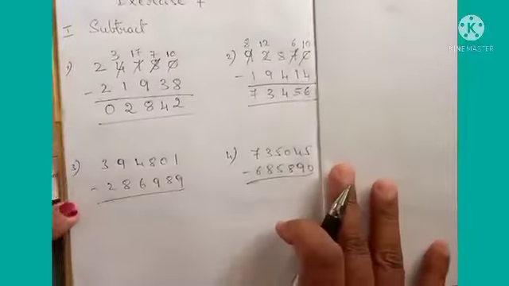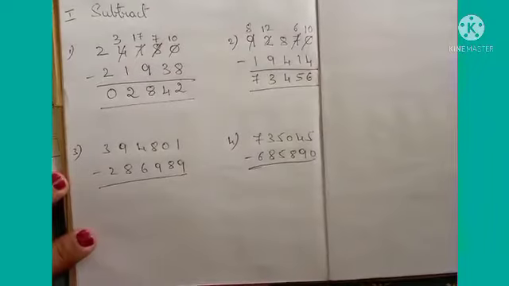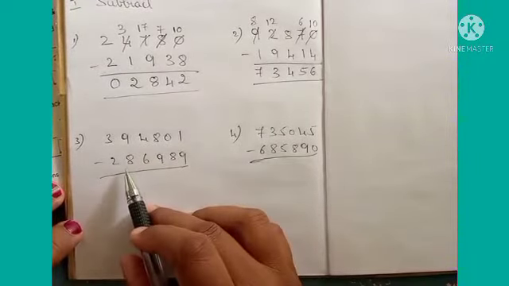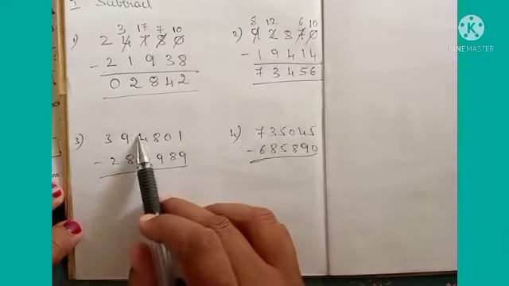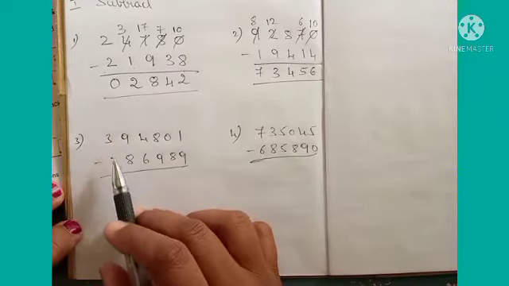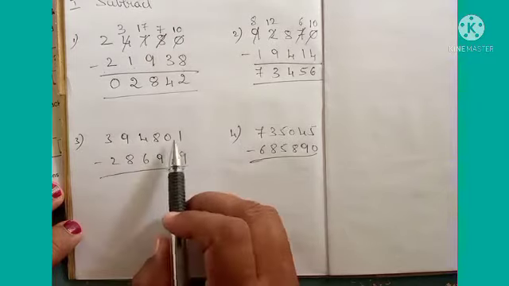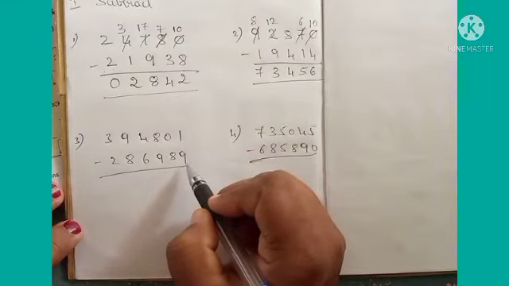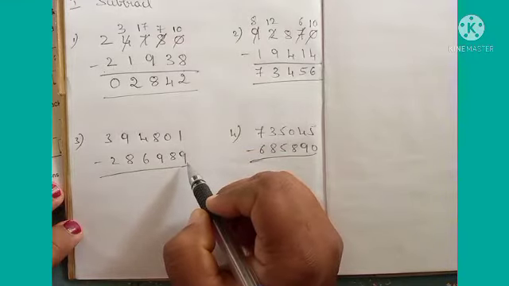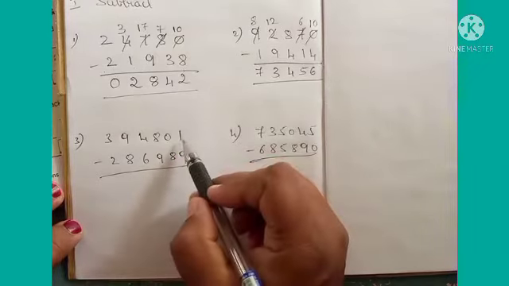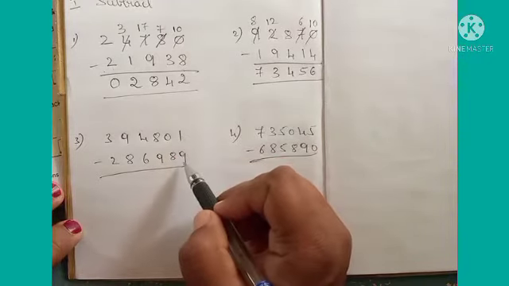Now next, the third one. Let us write the third one, dear children. See dear children, now the third one. See ones, tens, hundreds, thousands, ten thousands, lakhs. Okay. Start from the ones place. In 1, if you subtract 9, no, you cannot subtract. Why? Because this is a small number and this is a large number.